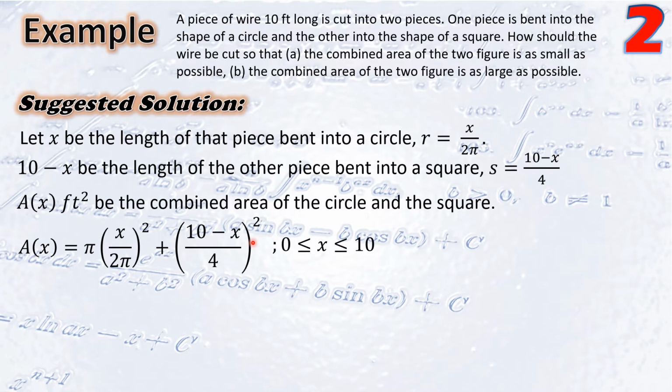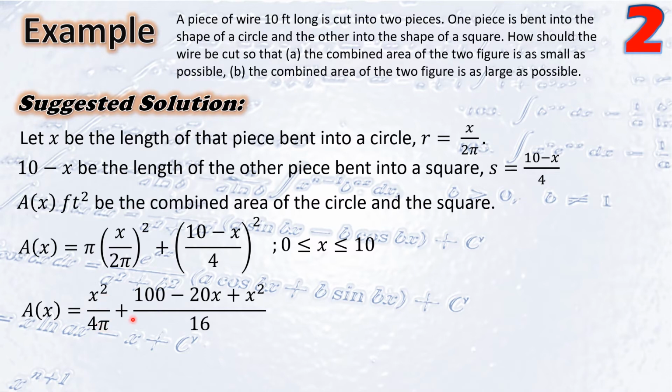Simplifying the right-hand side of this function, we have A of x is equal to x squared over 4 pi plus 100 minus 20x plus x squared over 16. In here, x is an element of the closed interval 0, 10.